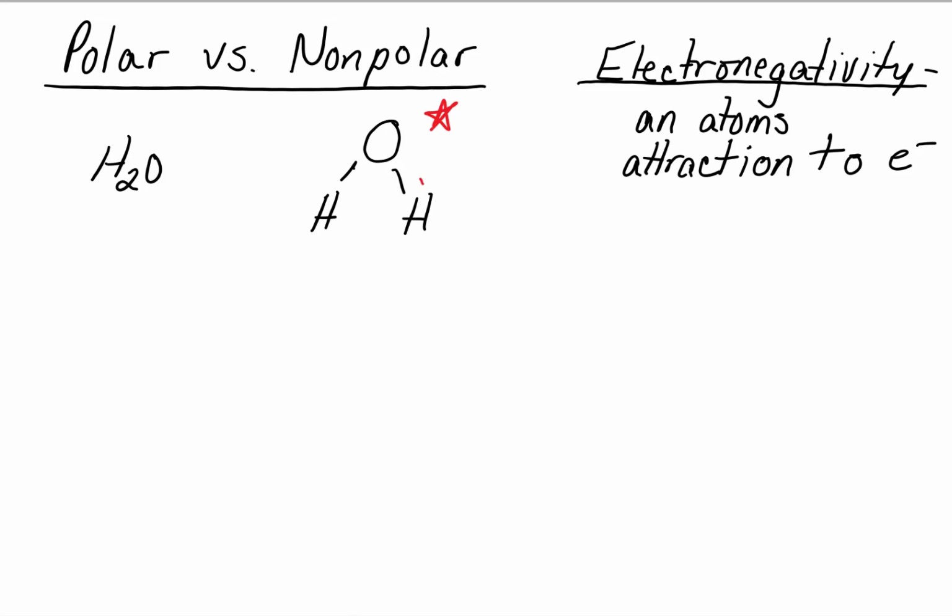And I'm going to represent that by an arrow. So this pair of shared electrons, which is shown here in the straight line between the oxygen and hydrogen, I'm going to show that oxygen has a stronger pull on those electrons. It has a stronger attraction to those electrons.